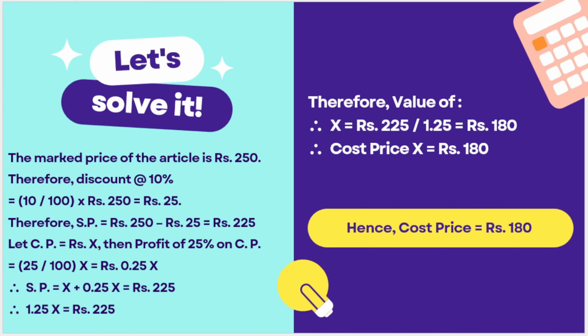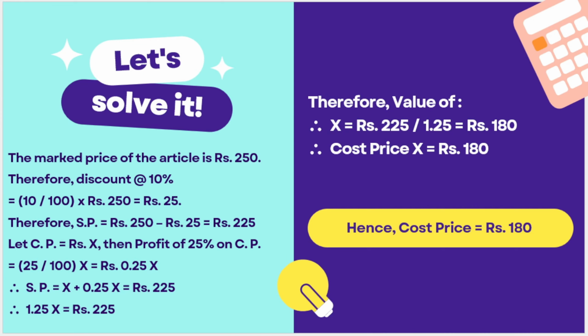Let the cost price be equal to rupees X, then the profit of 25% on cost price can be written as 25 divided by 100 multiplied by the cost price of rupees X, which is equal to rupees 0.25X. Therefore, selling price can be written as the cost price X plus the profit of rupees 0.25X, which can be equated to the selling price of rupees 225, calculated above from the marked price.